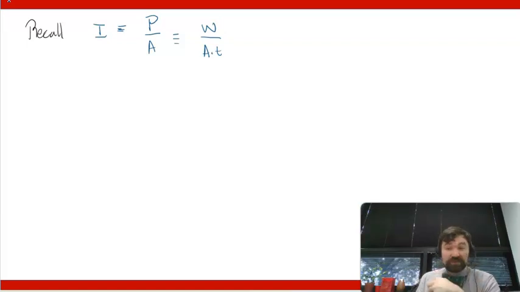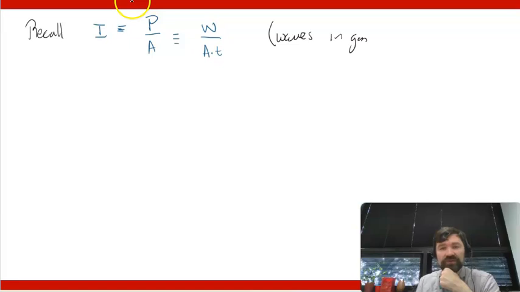So that gives you the intensity for a wave, and this is any wave in general. So this is waves in general. We defined this in our discussion of mechanical waves.